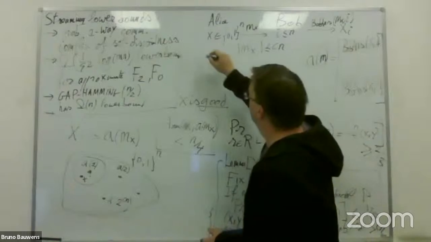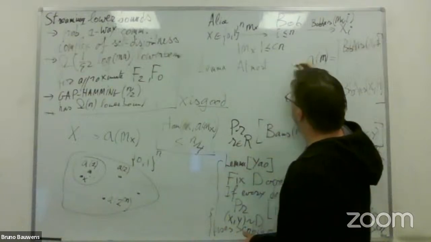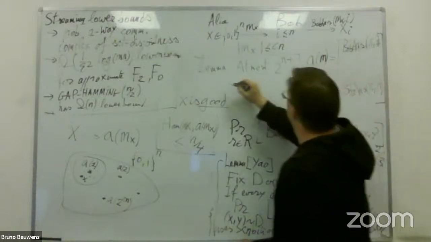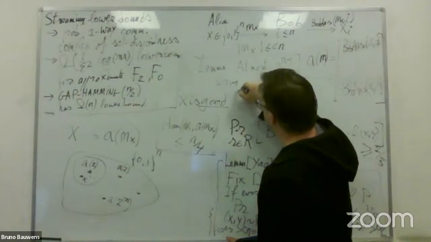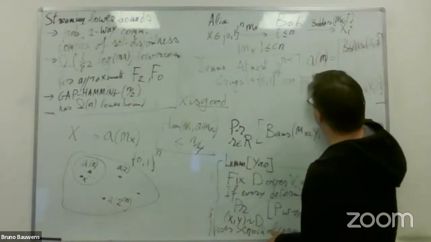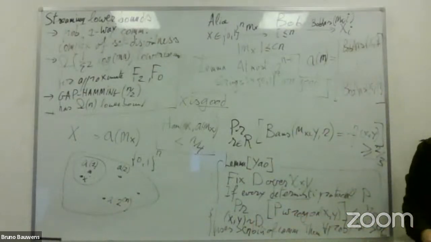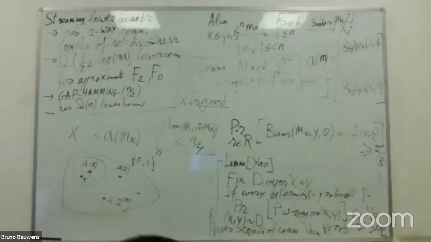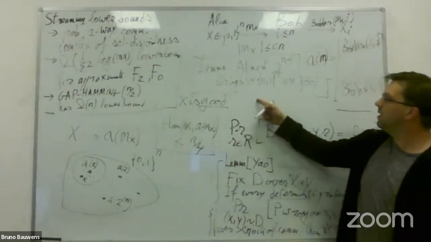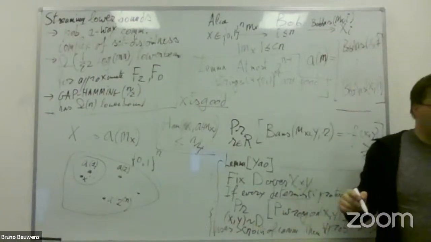Lemma: at most 2 to the power n minus 1 strings in {0,1}^n are good. This is our lemma. Okay, lemma: at most half of the strings of length n are good.